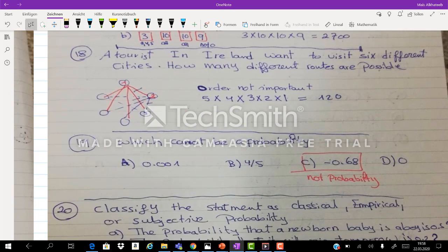18. It says the tourist in Ireland wants to visit 6 different cities. How many different routes are possible?